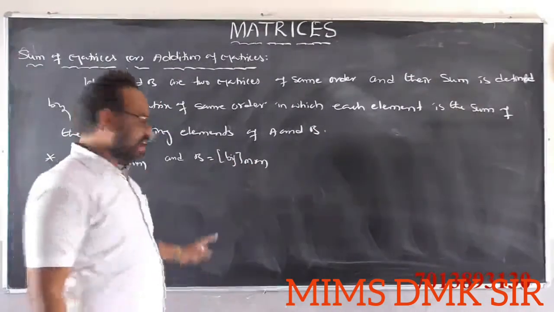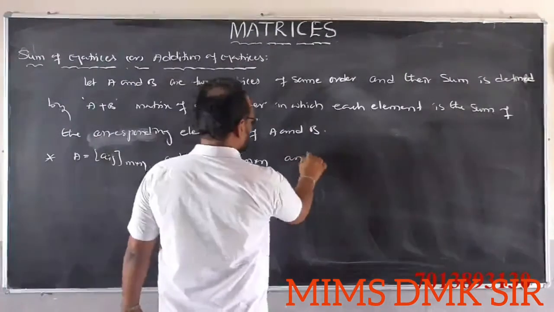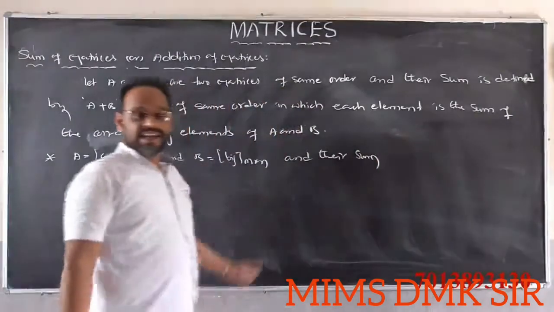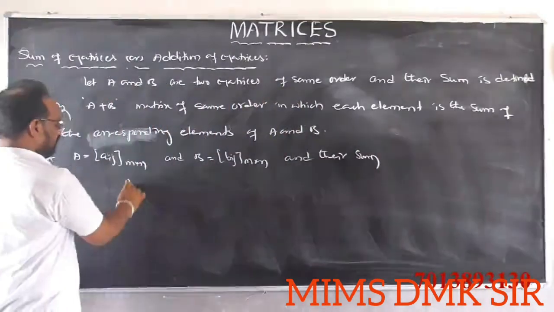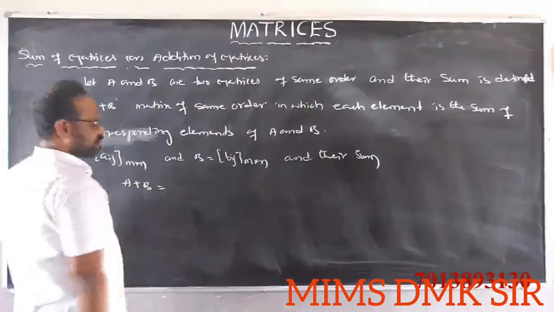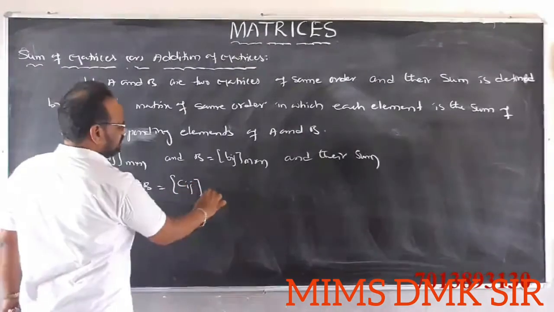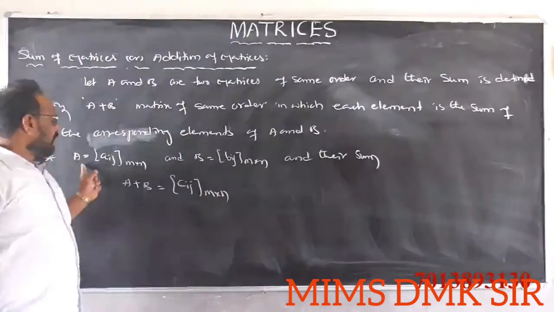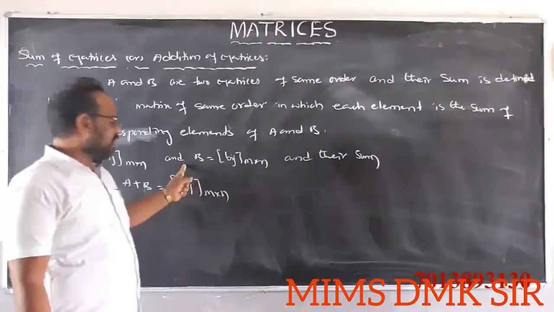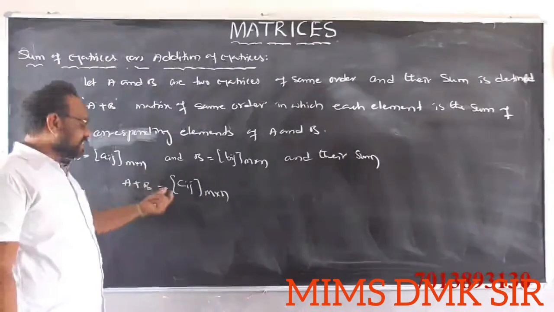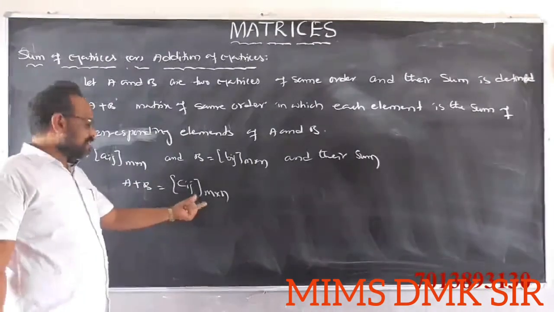The orders are equal, and their sum is denoted by A plus B, equal to some C_ij, of order M by N. A has order M by N, and B also has order M by N, so A plus B gives the same order, M by N.